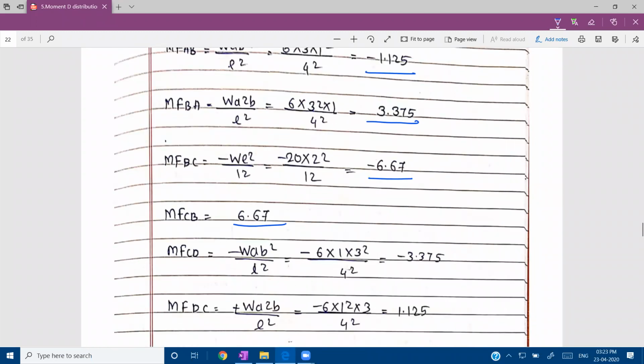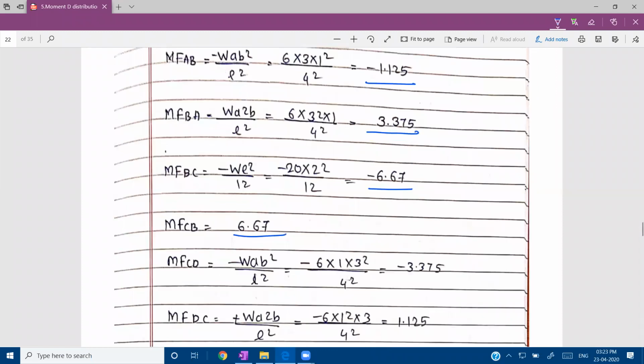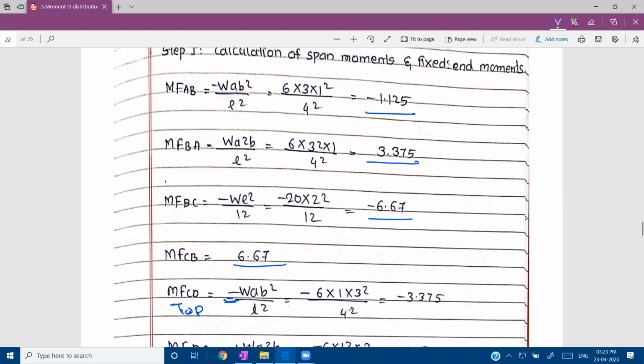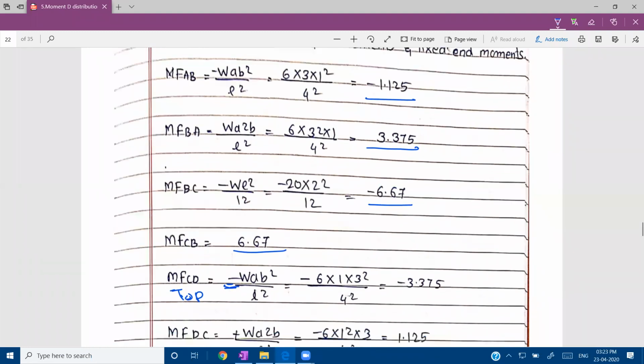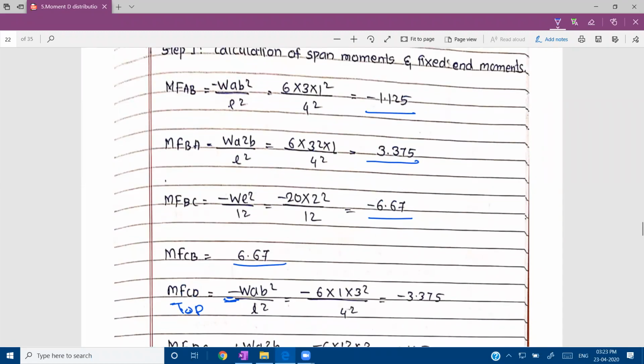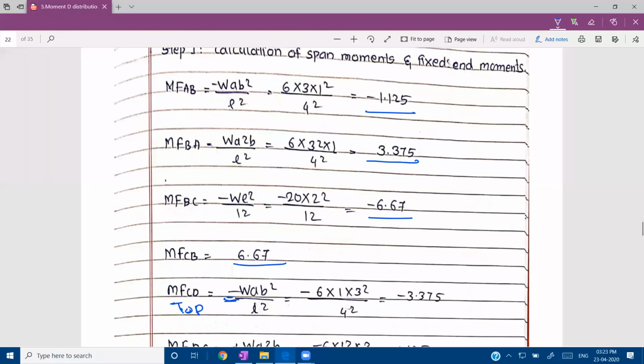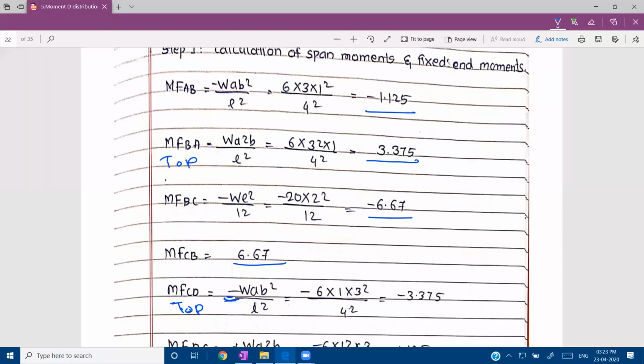Now if you observe, MFCD is acting at top and it is having negative sign here, and in case of MFBA, this is acting at top. But here it is having positive sign because of what?